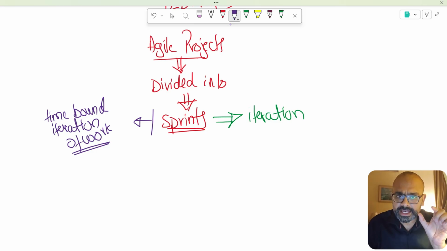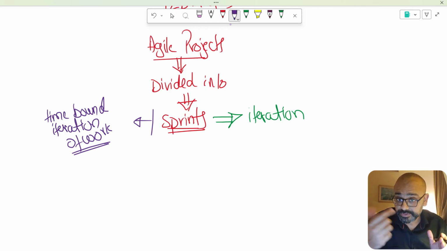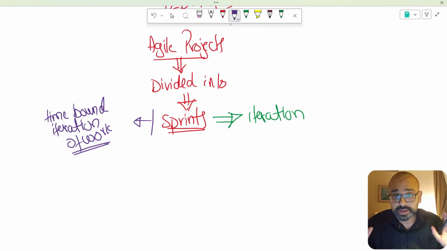You first review what you have done in the previous 15 days, then you analyze your performance and plan your next 15 days. See, that's a normal thing. So what is a sprint? That 15 days is a sprint.